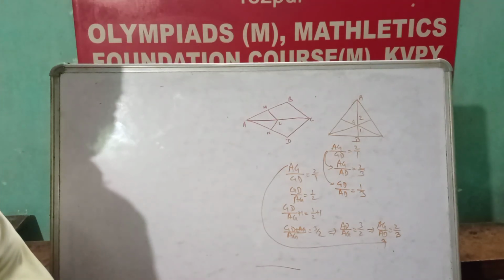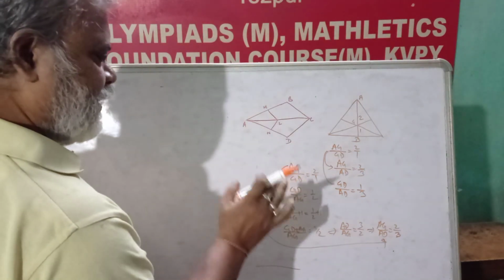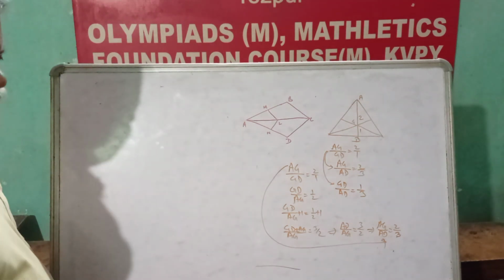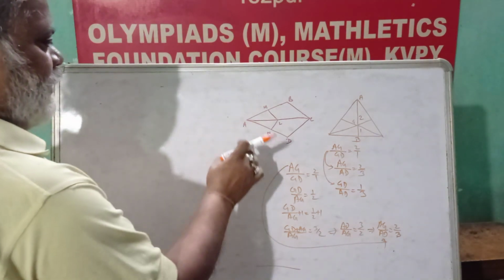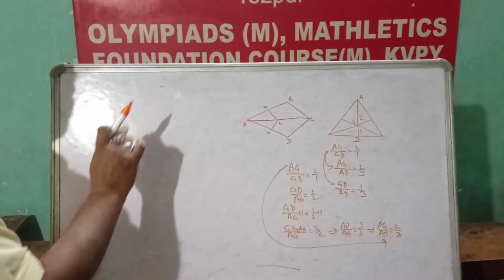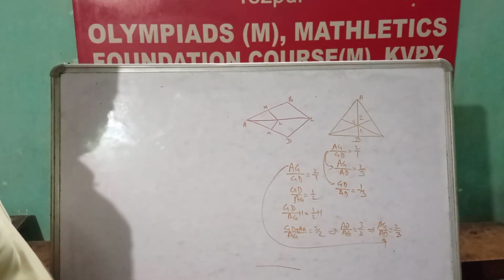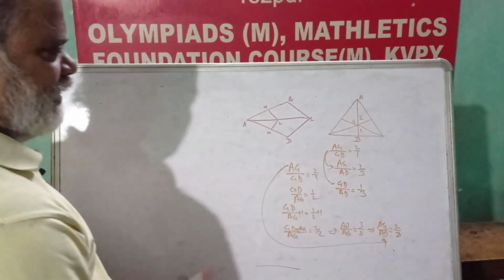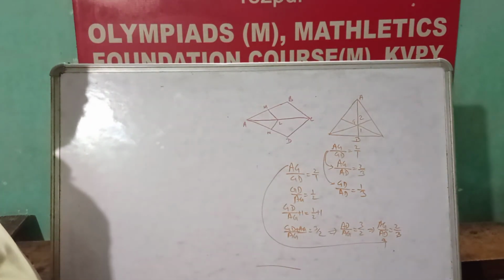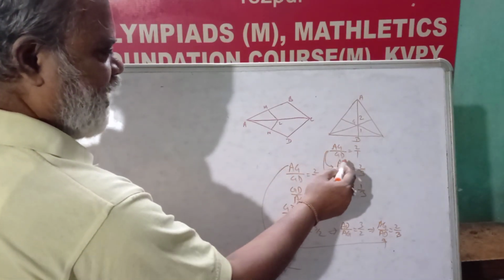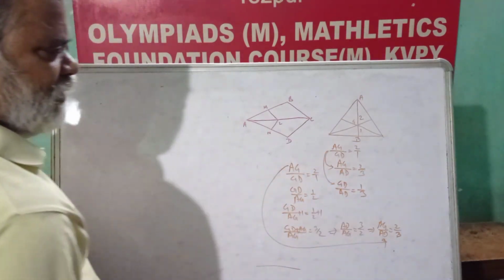So why I have told this before coming to this, because we have found that when the answer is given in this way, the marks are deducted. From my point of view, this is incorrect. We should not deduct the marks, because when AG by GD is 2 by 1, then we can write AG by AD is equal to 2 by 3.